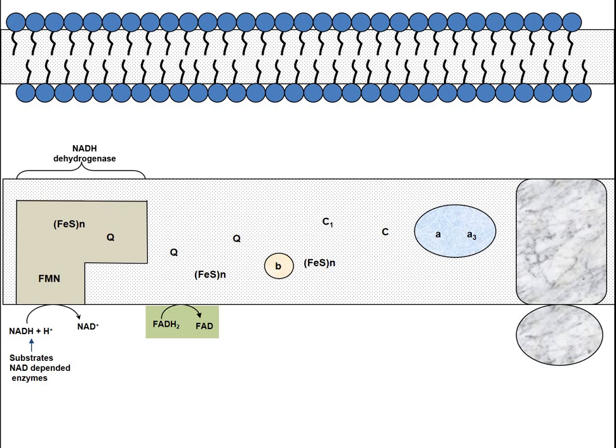The hydrophobic part includes several ubiquinols and iron sulfur cluster. The second respiratory complex is called succinate dehydrogenase and its molecular weight is 125 kilodalton.